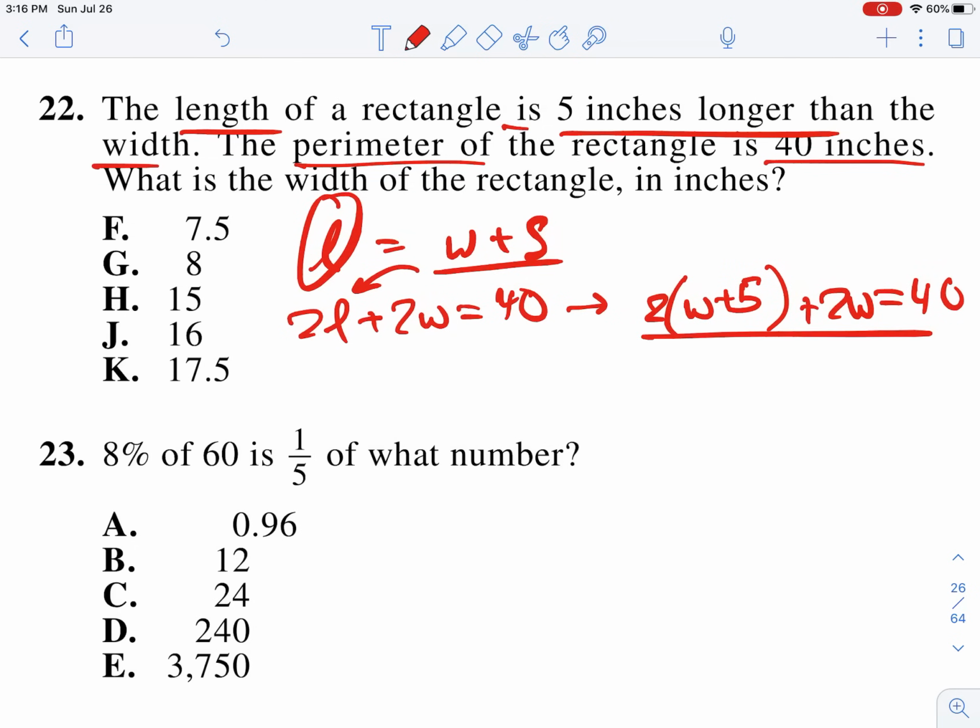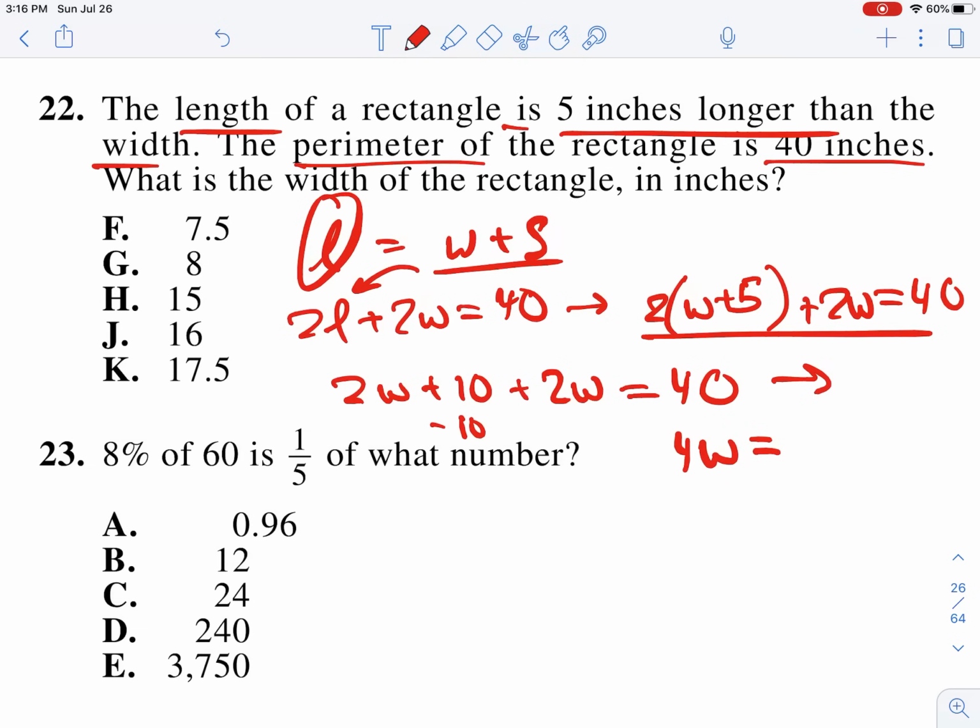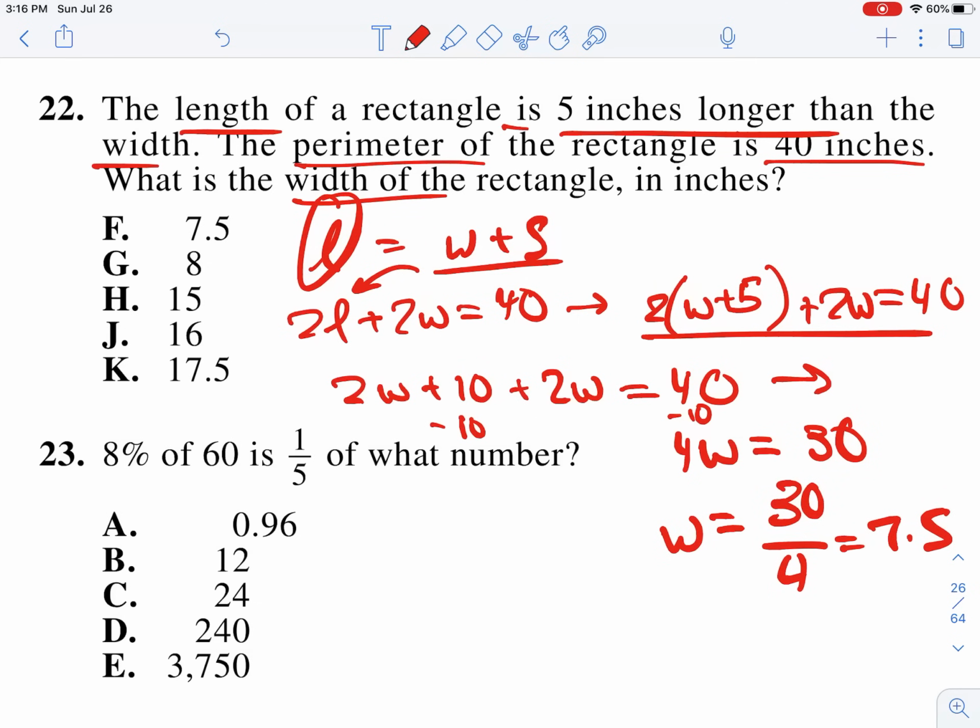Now we can solve this equation for W. So 2W plus 10 plus 2W equals 40, and we get 4W equals 30 after subtracting 10 on both sides. W equals 30 divided by 4 equals 7.5. What is the width? That's the width, 7.5 inches. There you go, that's how this one works. You've got to create the equations. This is the hardest part.